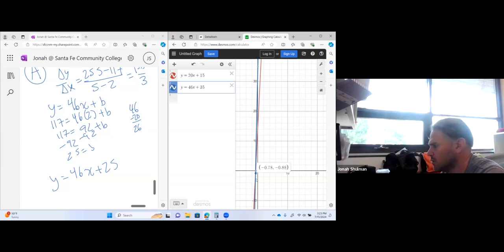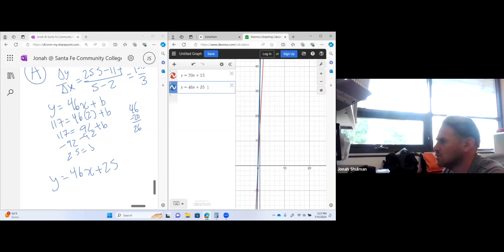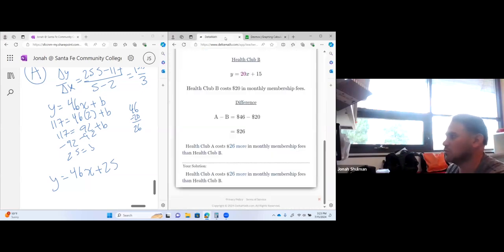Oh, that's why. It's always going to cost this one more. Oh, wait, this is 25. It will always cost more at Health Club A. So it will always cost more money.